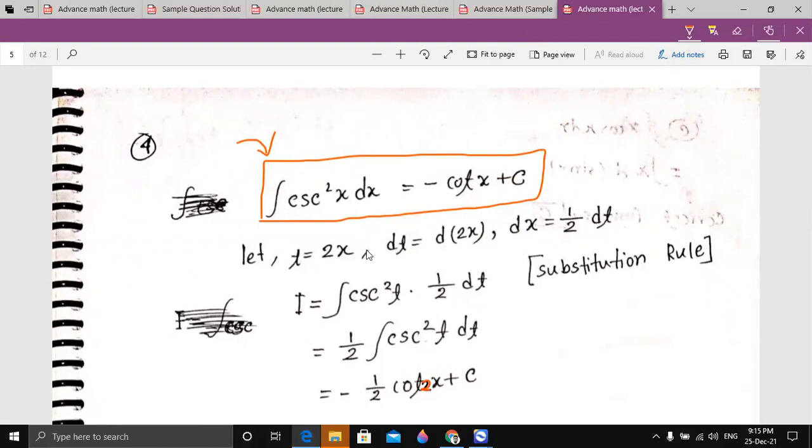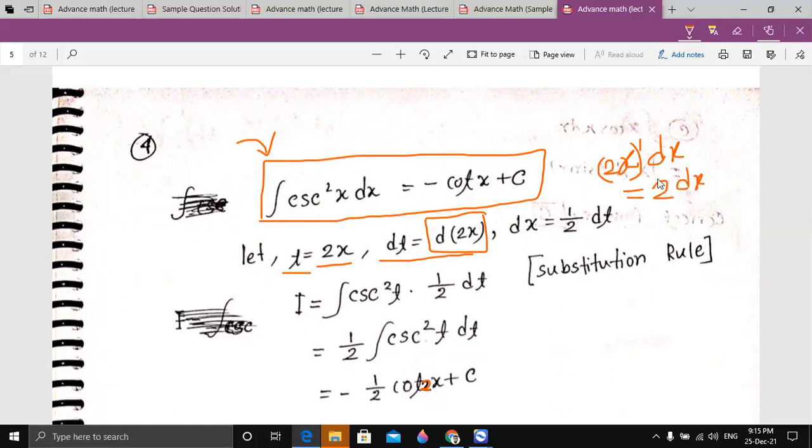So we substitute 2x is equal to t. Then we have to differentiate on both sides. So d of 2x is the derivative times dx. The derivative of 2x is 2, so 2 dx.